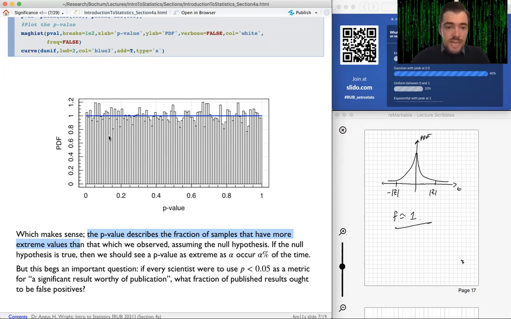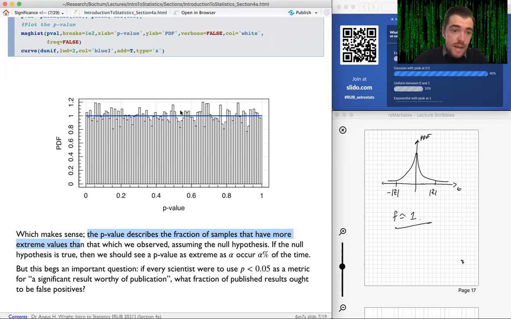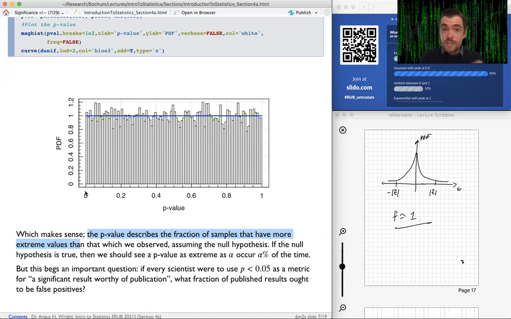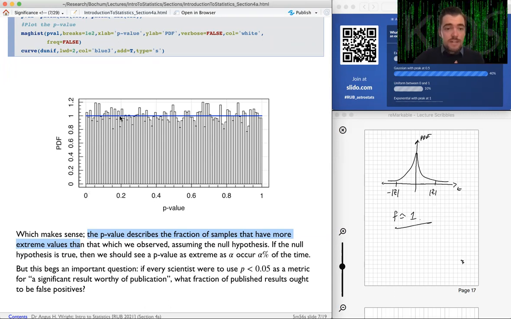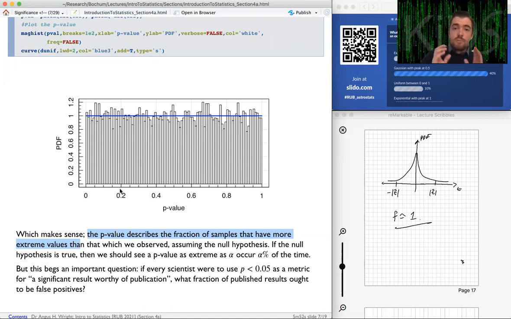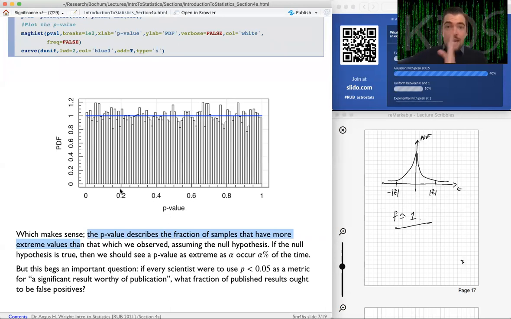And so if I was to count the number of p-values that have a value greater than 50%, it'll be 50%. If I calculate the number of p-values that have a value less than 20%, it'll be 20%, because the probability of me finding a more extreme result if I'm 80% of the way to the edge of the distribution is 20%, right?